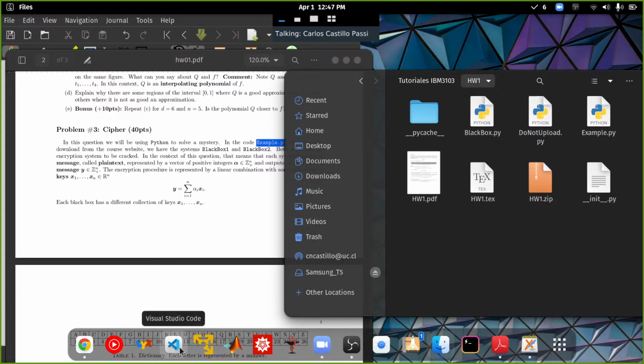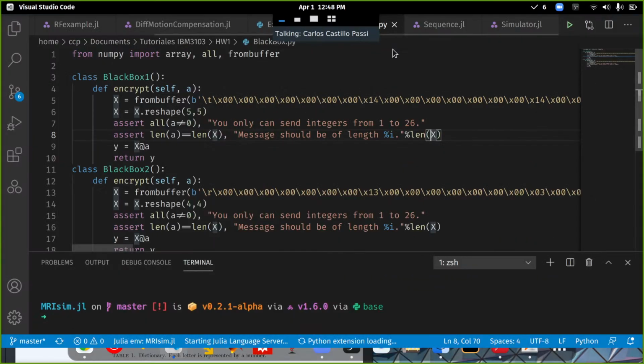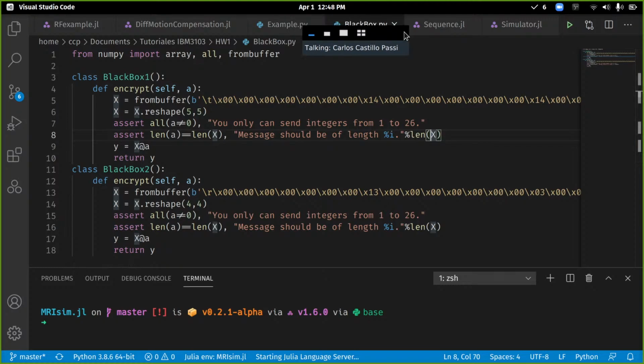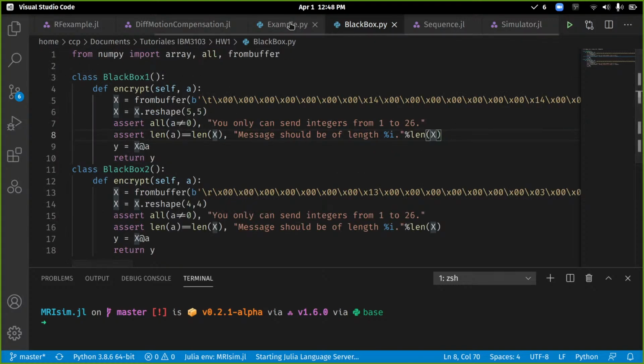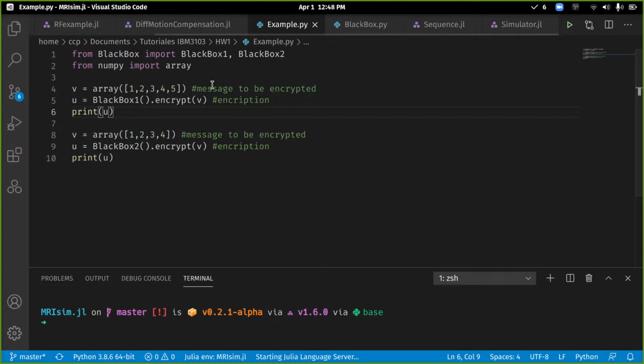And how the Blackbox works. Let me see if I can put it here. Okay, so this is the Blackbox document. These are the definitions. And this is the example.py. It's importing Blackbox 1 and Blackbox 2.